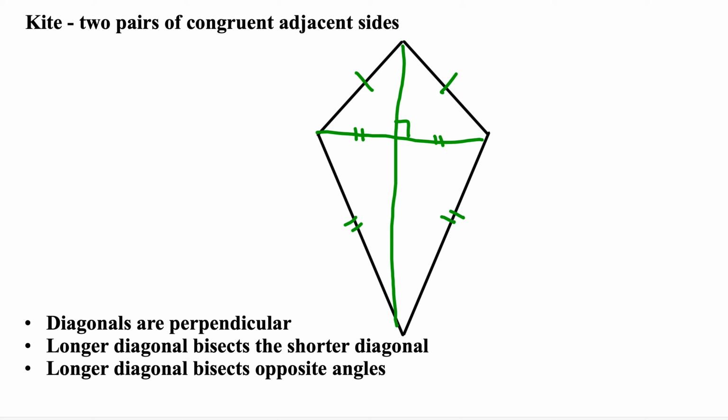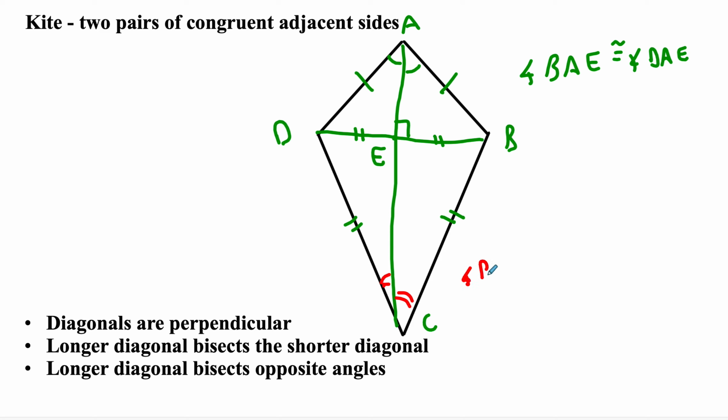So if you're looking at this, say this is ABCD, and let's say they cross at point E. If you're looking at angle BAE, this diagonal is bisecting it, so it's going to be congruent to angle DAE. And likewise, now they're not the same, so I'm going to use different tick marks, two arcs to two arcs. The same is true about angle BCE, that is, it is congruent to angle DCE.